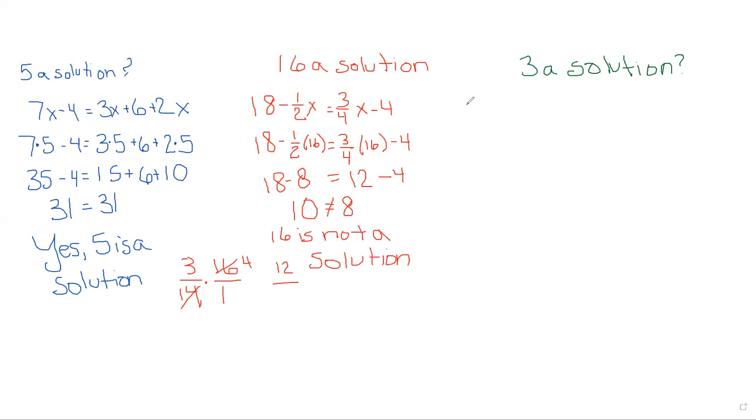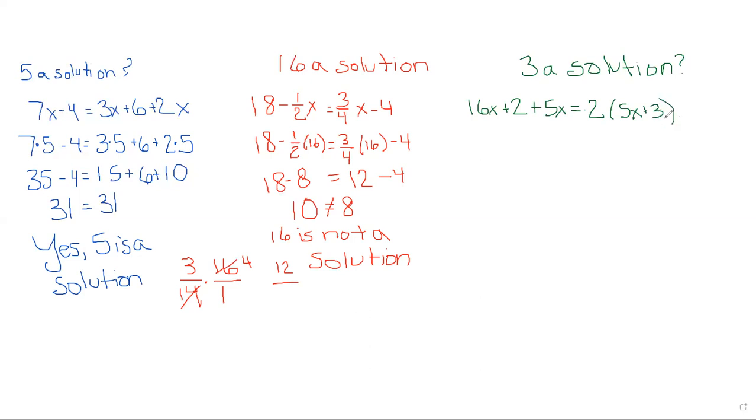So I have 16x plus 2 plus 5x equals 2 times 5x plus 3.